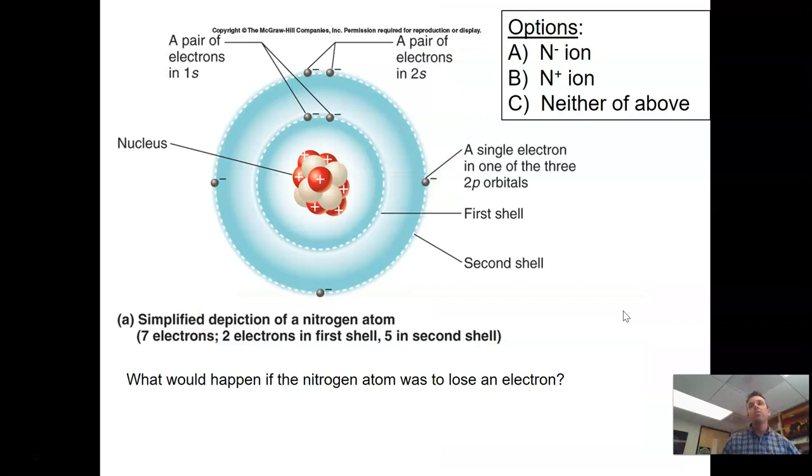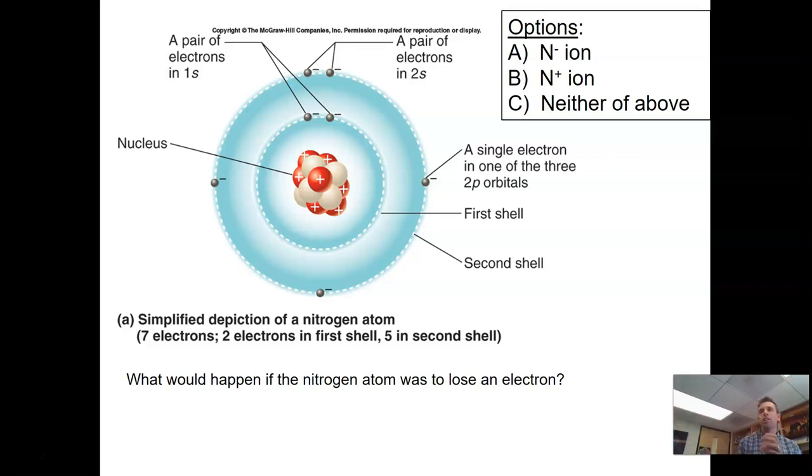All right, so let's think about these things for a little bit. So we just talked about how we have nitrogen. What would happen if the nitrogen atom was to lose an electron? All right, well, nitrogen normally has 7 electrons to counter the 7 protons in its nucleus. So normal nitrogen is net charge 0, because the 7 positive charges of the protons are outweighed by the 7 negative charges of the electrons.